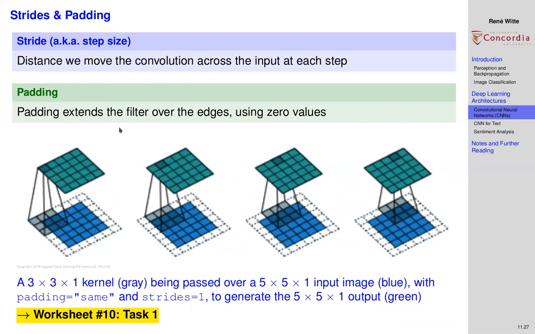The second one is the padding, and that defines what you do with the filter at the edges of the image. So remember, the image itself is 5 by 5. Now we could say, okay, we start just in here, but then you can see we would be able to apply the filter only 1 time, 2 times, 3 times. So the output would be a 3 by 3 image and not a 5 by 5 image.